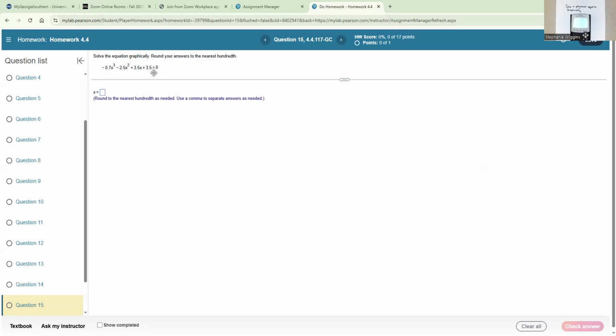But when you have, say, equal to 0, what we're doing is that's an equation and we want to solve it for x. So we want to find the x value that makes the left side function equal to 0. That's what we're looking for. So we're really looking for the zeros of this function on the left. That's what we're doing. And we're going to use our calculator to do that.